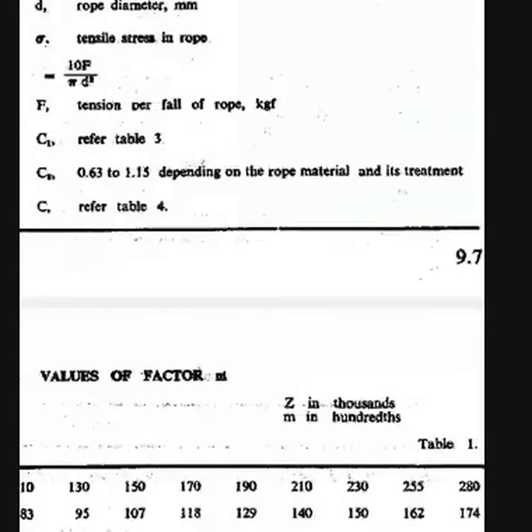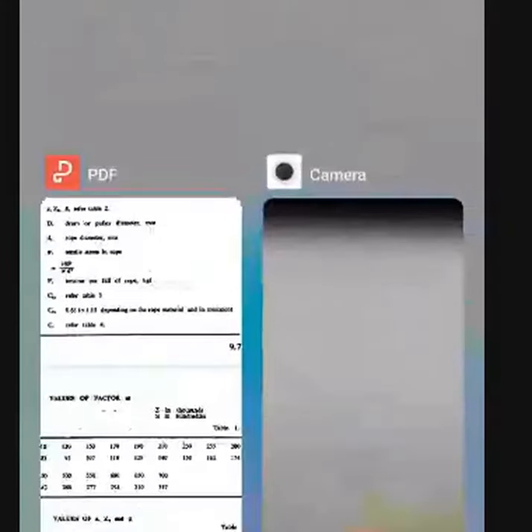M available is 129 and 140. M available is, see I will write here, M available is 129, 140. We want for 134. Based on that, Z available is 190, 210. Just see.